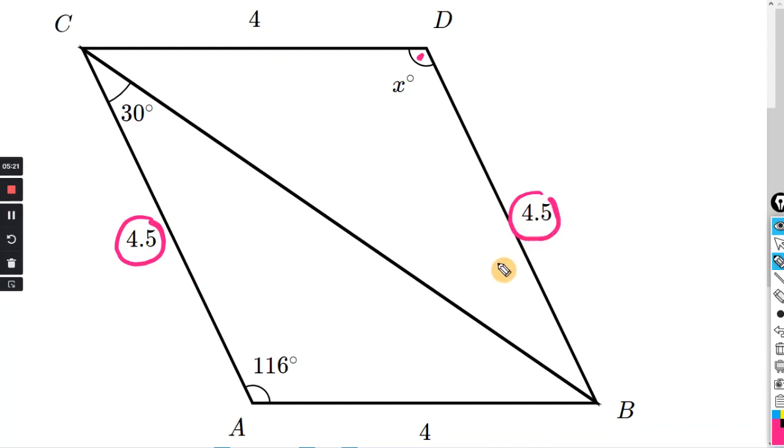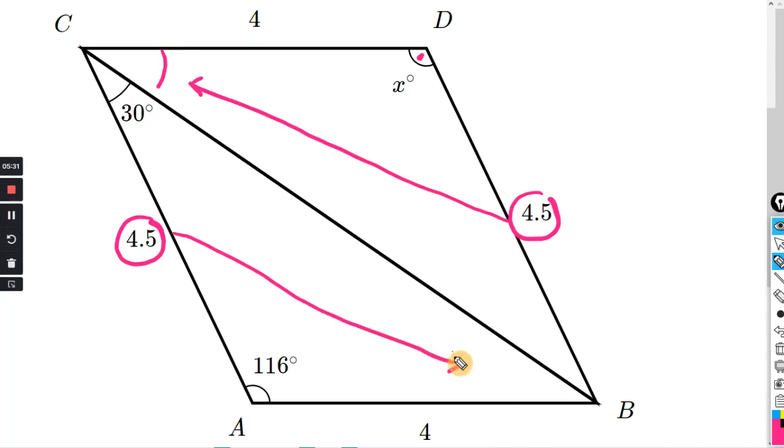Now, if we go side to angle, that's this angle here, and side to angle, that's this angle here. As you can see, these angles match, but both measures are missing. So that isn't helpful in finding x. So that's not what we're doing here.